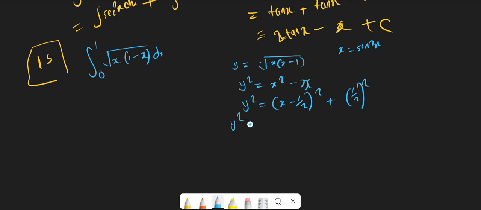Okay, let me just put it in this form. No, I think we can complete the square here, according to the equation of a circle, but you won't get a circle, you will get an ellipse.